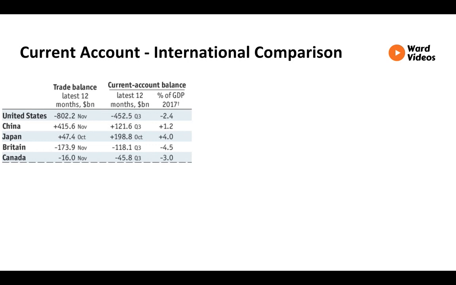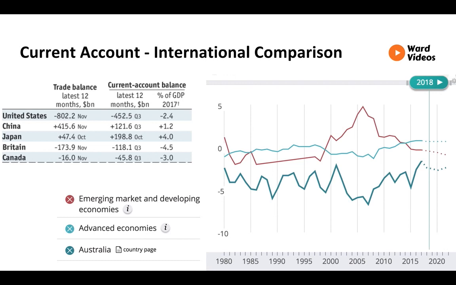While data from the International Monetary Fund's World Economic Outlook, using percentage of GDP, shows the emerging markets and developing economies in red used to sit around negative 1% till 2000. Then it bounced up to 5% and now sits at about 0% again. The advanced economies in aqua sit at a steady 0%, while Australia is in the negative.